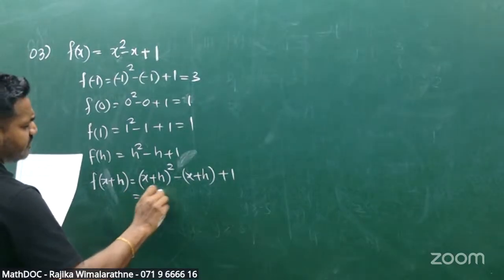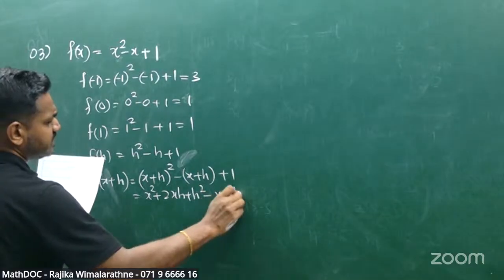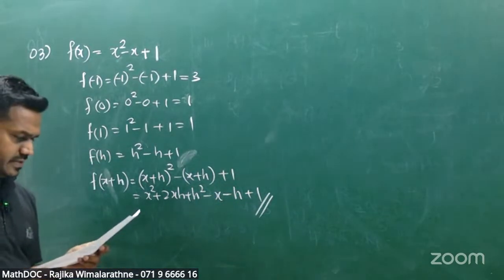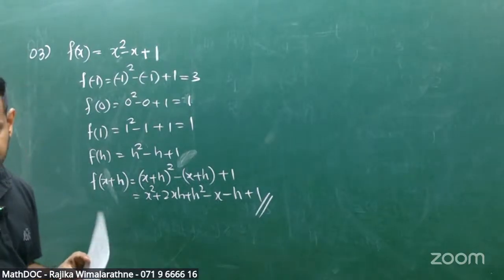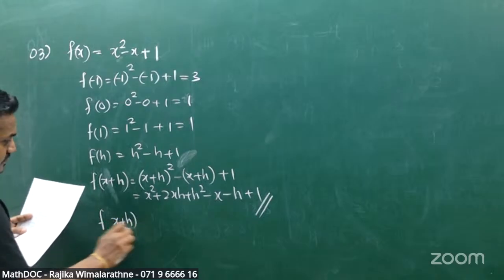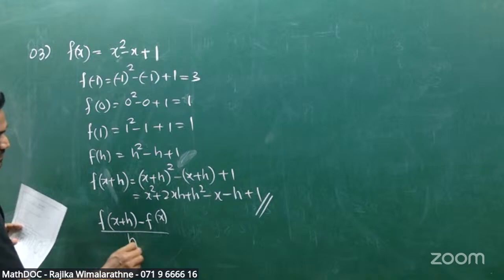Then x squared plus 2xh plus h squared minus x minus h plus 1. Then the final one: f(x plus h) minus f(x), divided by h.